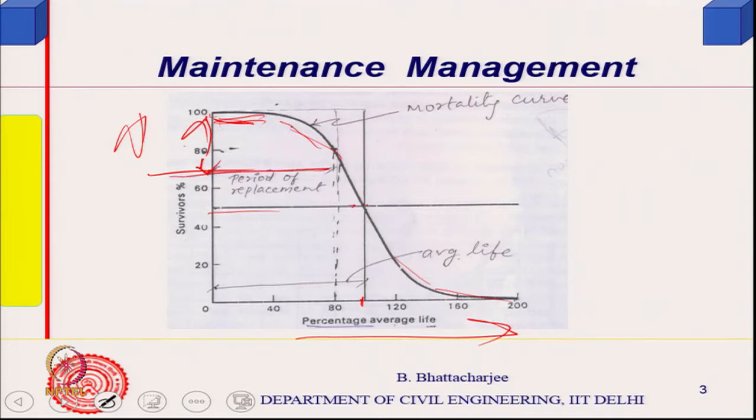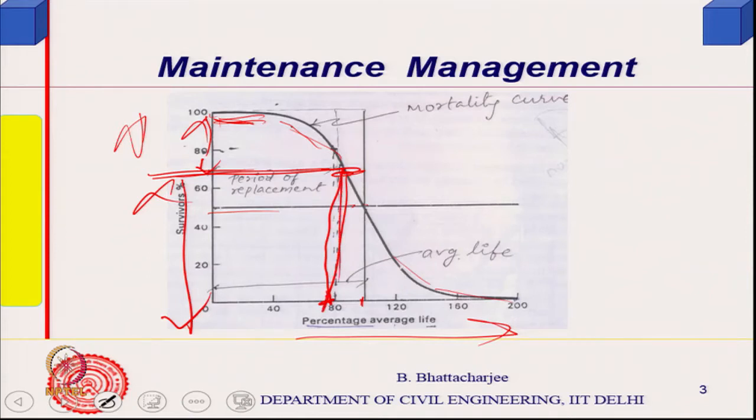So, f is the percentage failed, and 100 minus f is the percentage survivor. Corresponding to the percentage survivor, I can find out the percentage of average life at which I should do bulk replacement. So, for example, this is 80%.